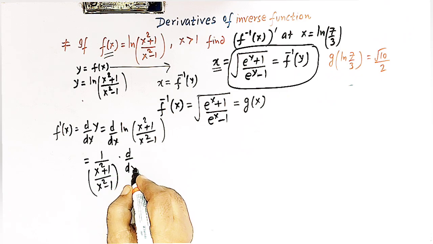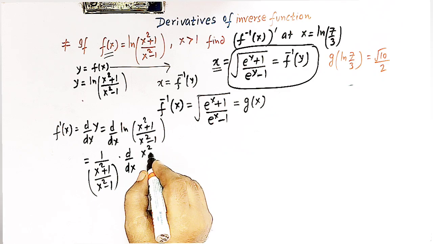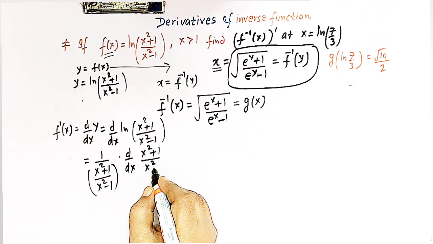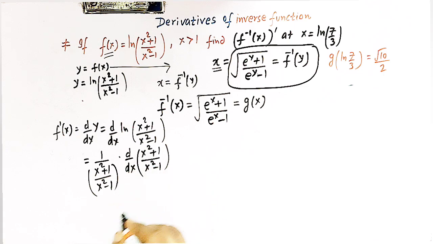and then by chain rule we have to find the derivative of this rational function, that is (x square plus 1) over (x square minus 1), right?